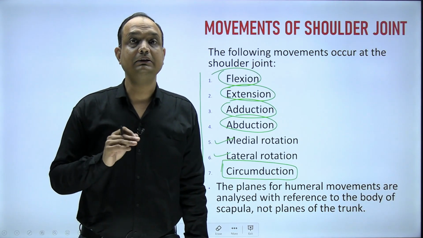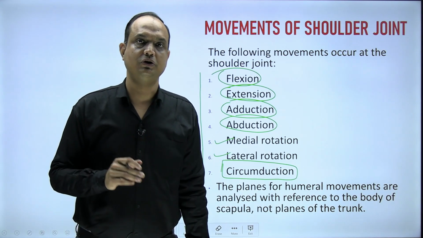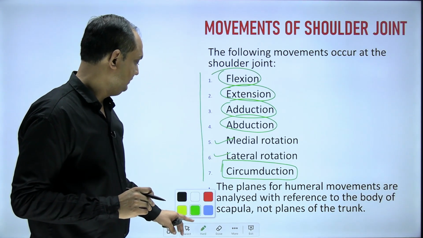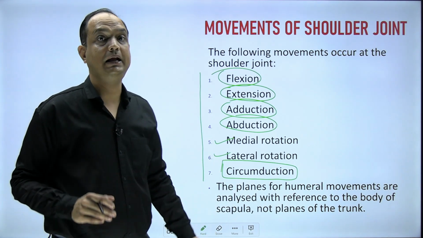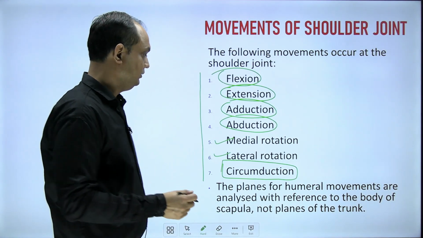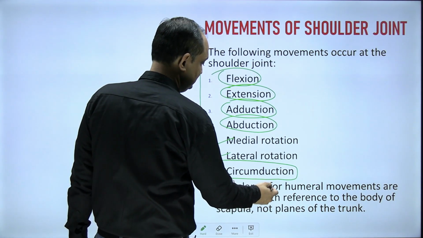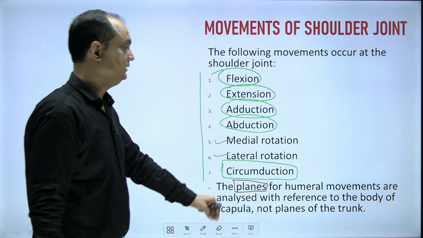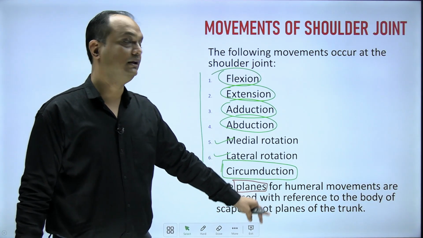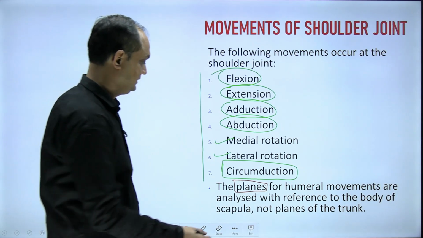Now, the important thing to understand in these joint movements is that whenever you are talking about the planes of the movements, in which plane these movements are taking place, here the movements are analyzed in reference to the body of the scapula.